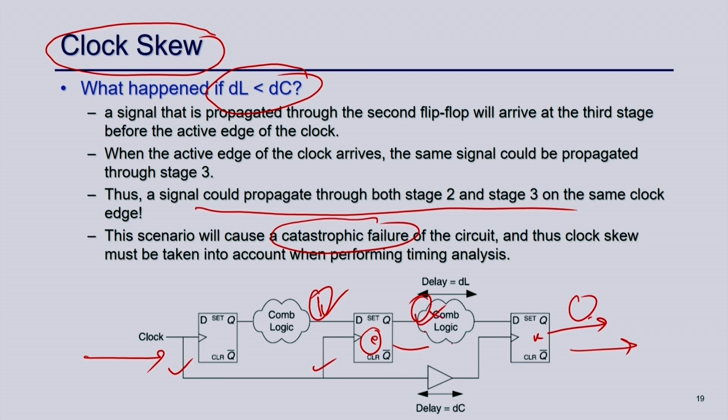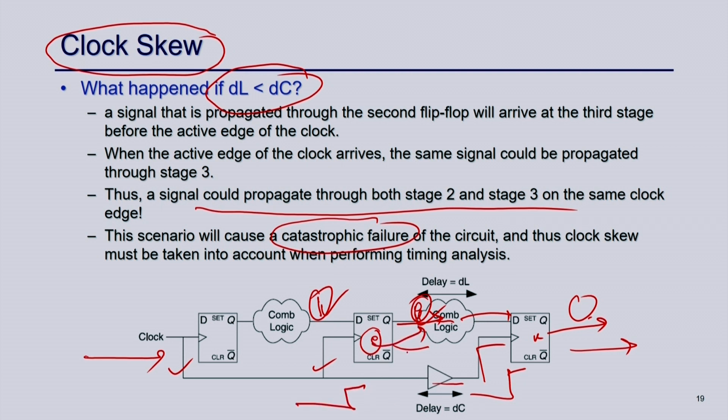But because of this problem, DL less than DC, that may not happen. Suppose I am talking about clock k. Whatever data is here will be available here, and since the clock has not yet reached here, the clock is coming a little late. So this data is already processed and ready here.